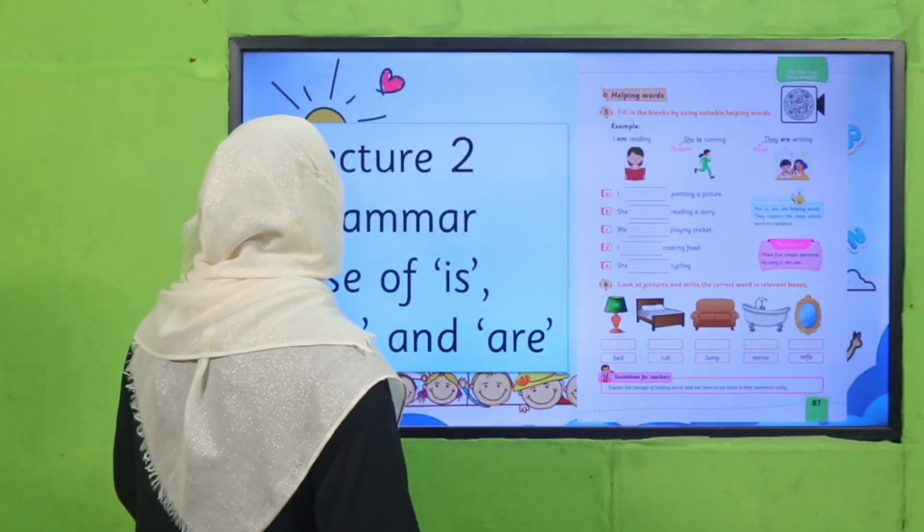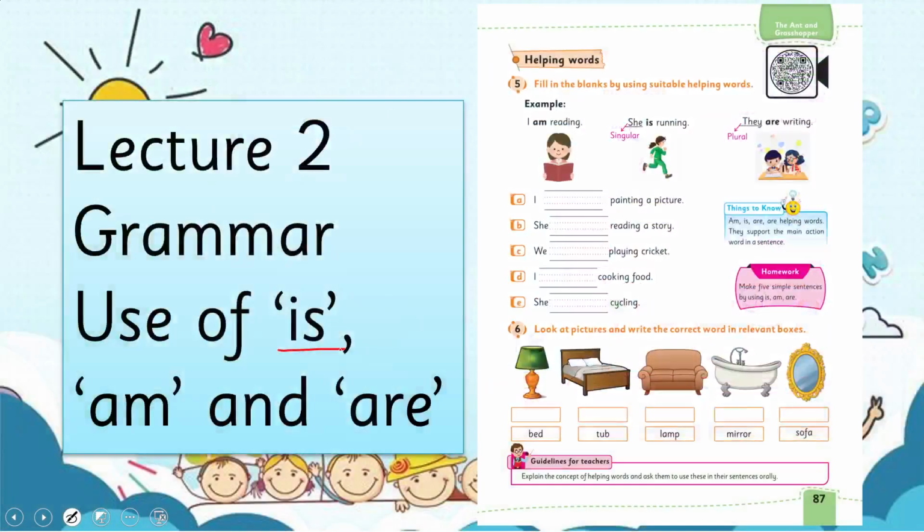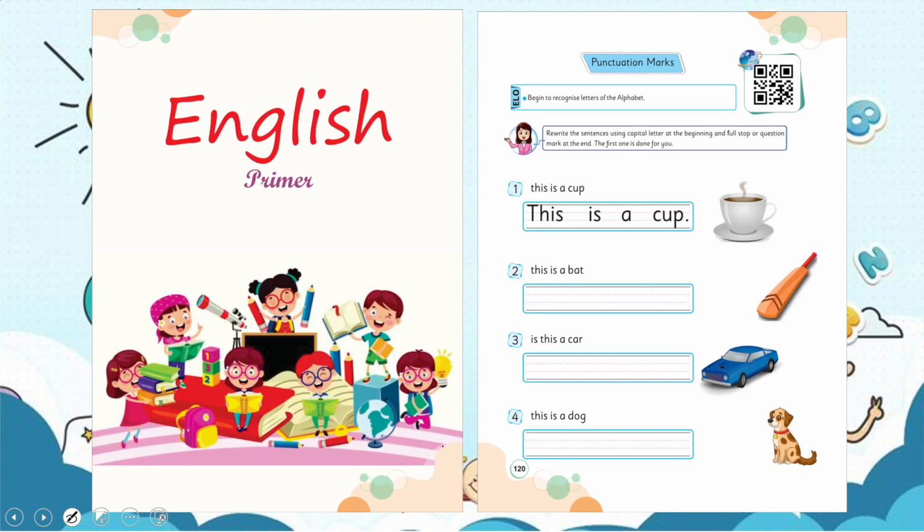So my dear students, today we are going to learn use of is, am, and are. Before this, you have already learned the use of these words. You have seen them. You use these words in sentences. You have an idea of these words, I hope.